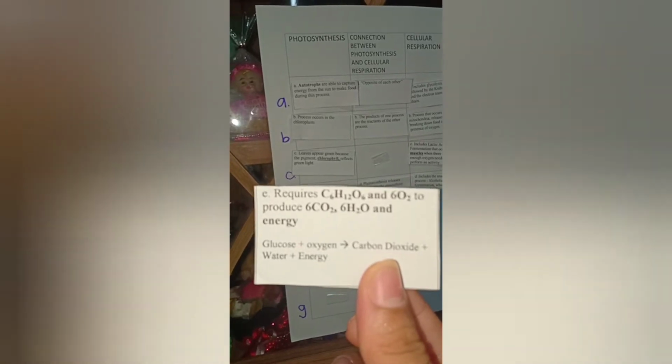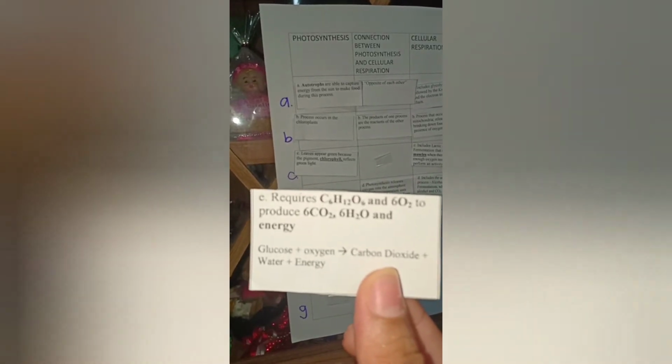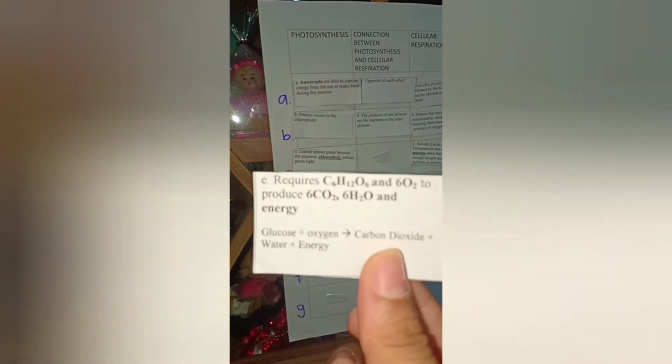Next, requires glucose and 6 molecules of oxygen to produce 6 molecules of carbon dioxide, 6 water molecules, and energy. That's cellular respiration. Next item. Process may be affected by changes in temperature, light intensity, or amount of available water. Photosynthesis. Letter F. Okay, next.